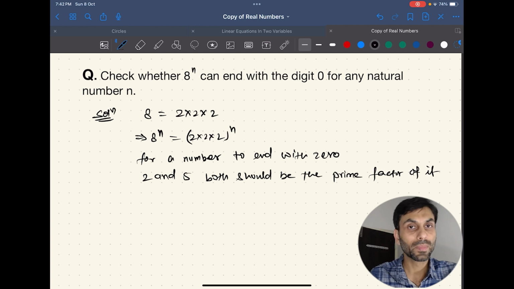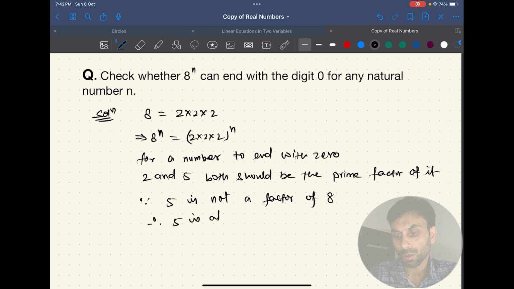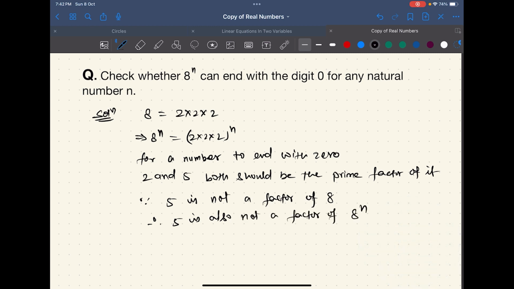In this case, since 5 is not a factor of 8, 5 is also not a factor of 8 raised to n.